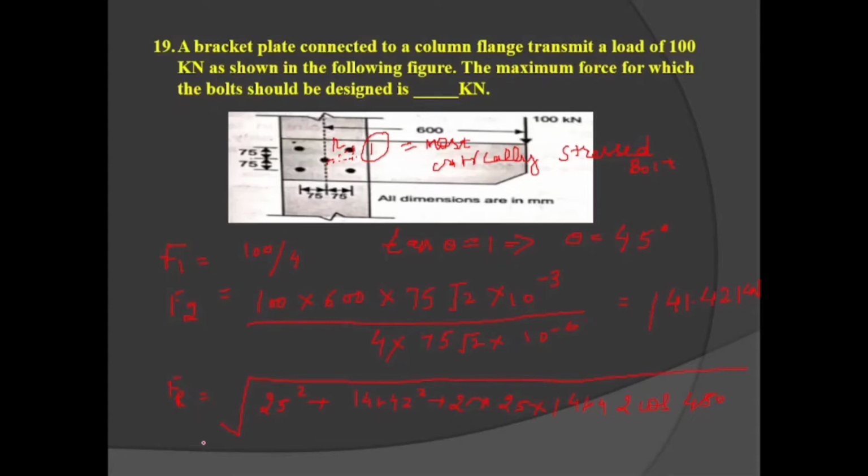After calculation I found the value of the resultant force is equal to 156.2 kilonewton, which is our answer. Okay, these are very simple calculations for the most critically stressed rivet.